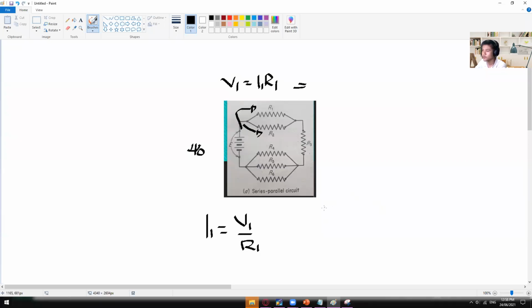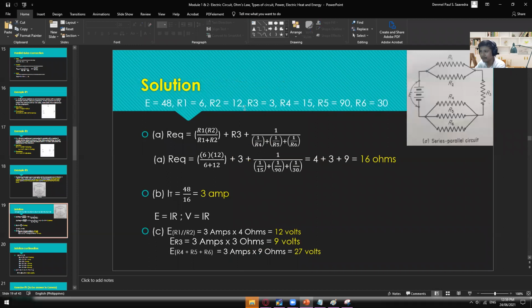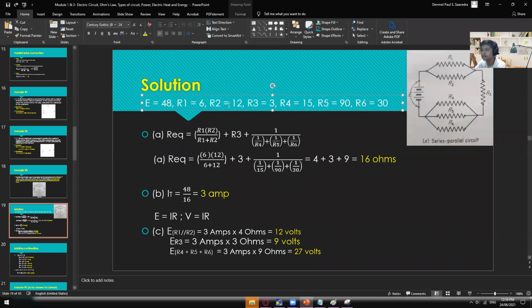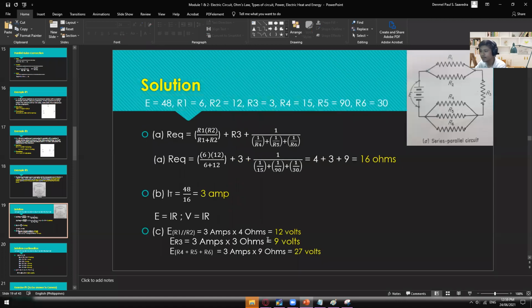If it's I total, then it should be V total divided by R total. But since we're only getting the individual currents, then you should also have the individual voltages and the individual resistances. So let's base it right here, and base your voltages right here for V1, V2, V3, V4 up to V6.